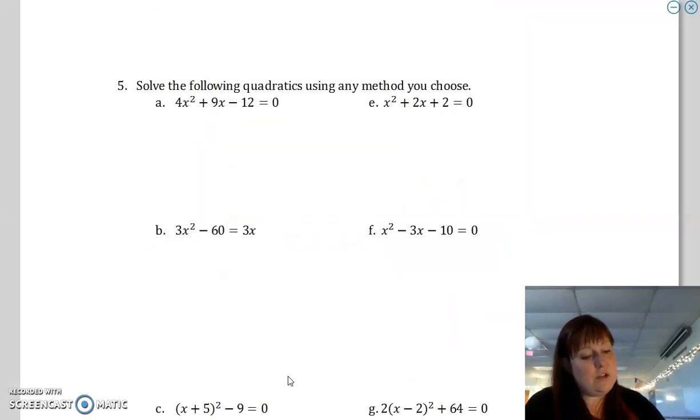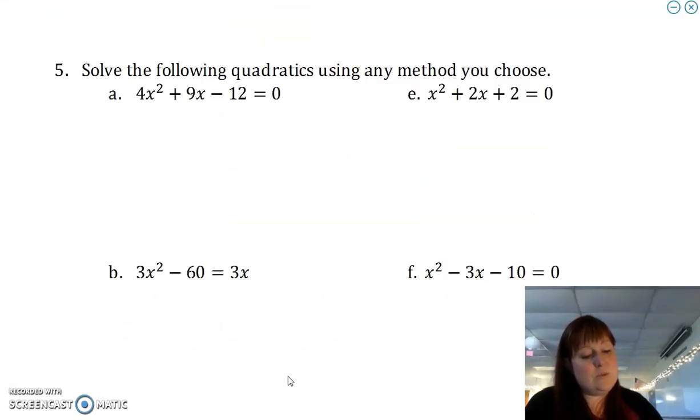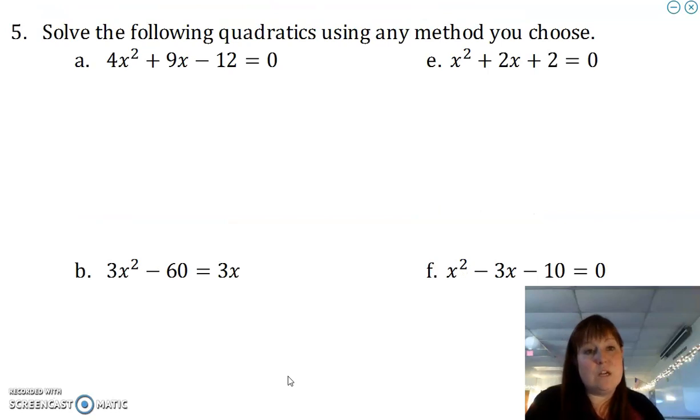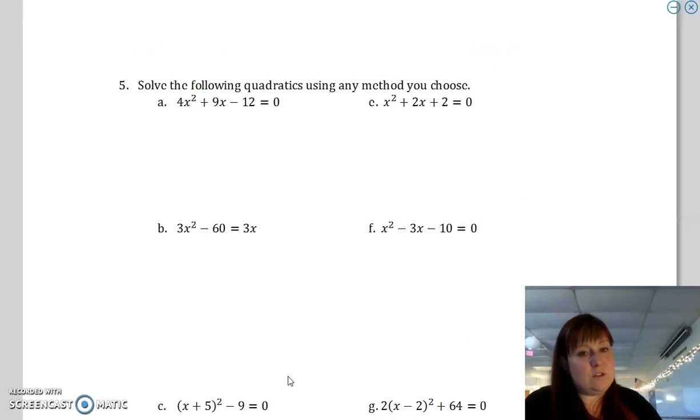All right, let's solve a few quadratics really quick in this video. We're going to solve these quadratics with any method you choose. So basically, what are the ways that we know how to solve quadratics? Well, there's 4.